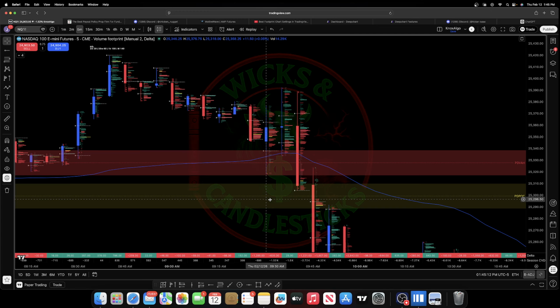this is that 9:30 opening candle on the 5-minute time chart. On the 5-minute time chart, we have a negative 635 delta, and the sellers threw a lot of punches, 1,520.